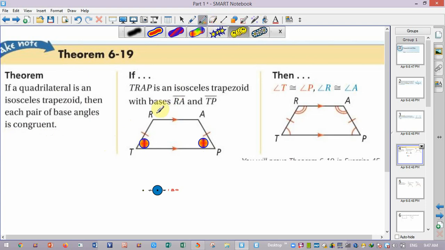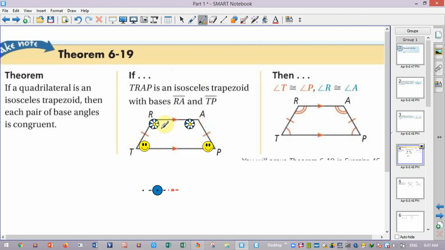And the other base, A, the two angles are equal also. Okay? Then we have an isosceles trapezoid with congruent base angles. What's the relation between the other base angles?